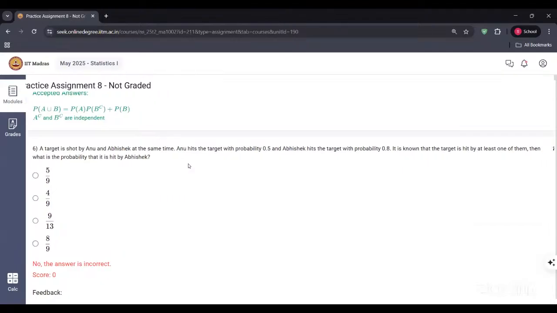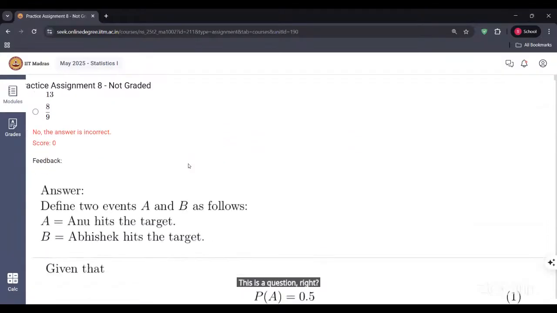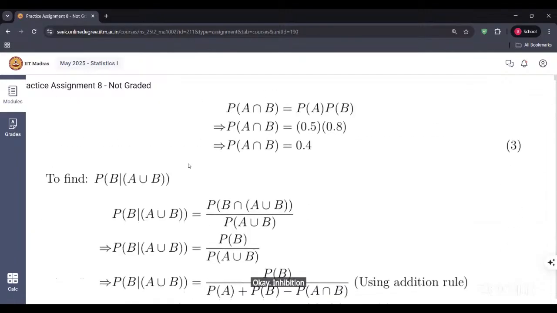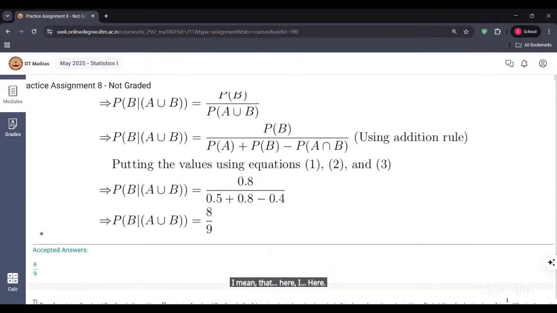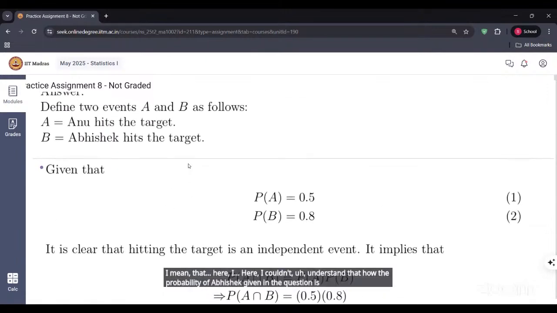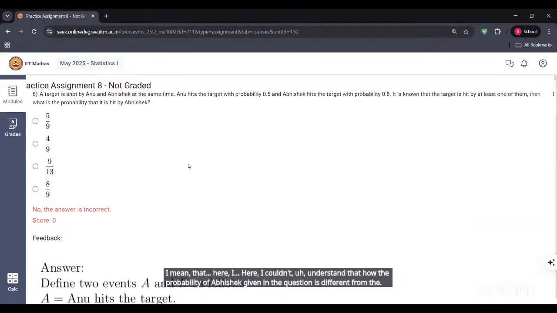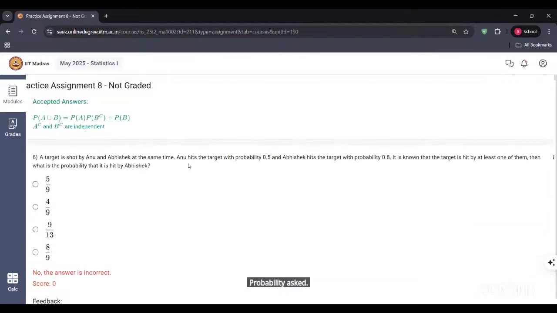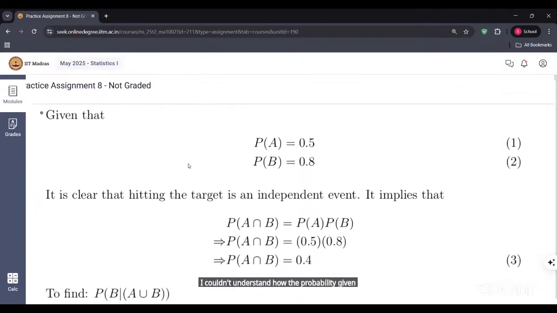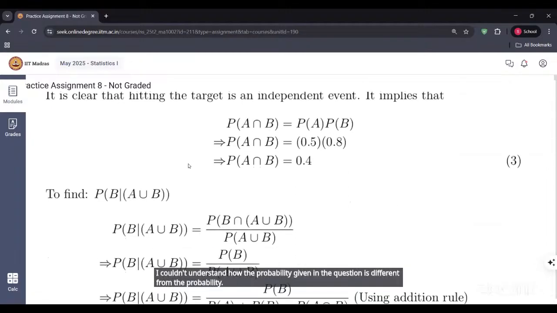This is the question, right? In this question, I couldn't understand how the probability given in the question is different from the probability which is asked.